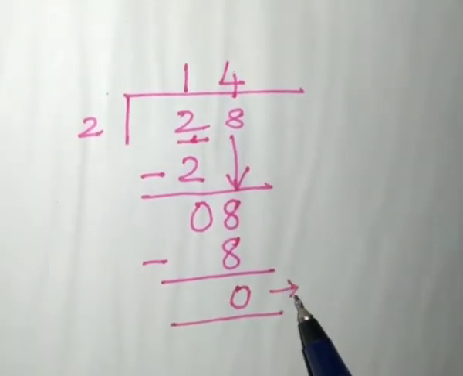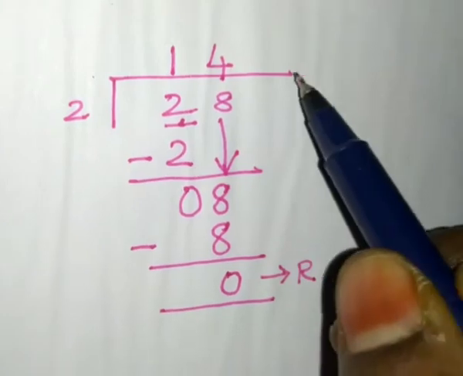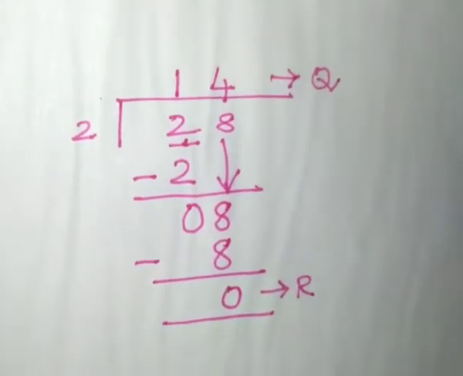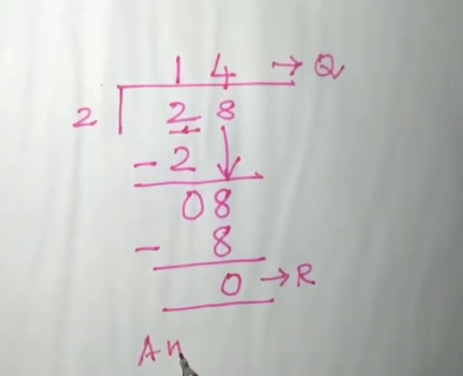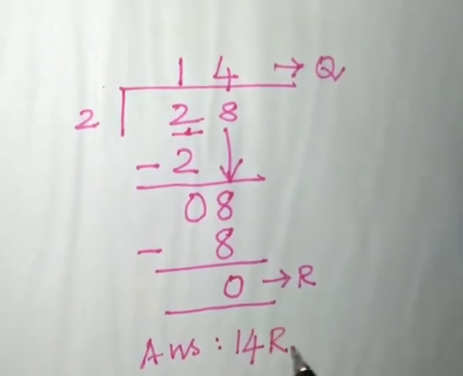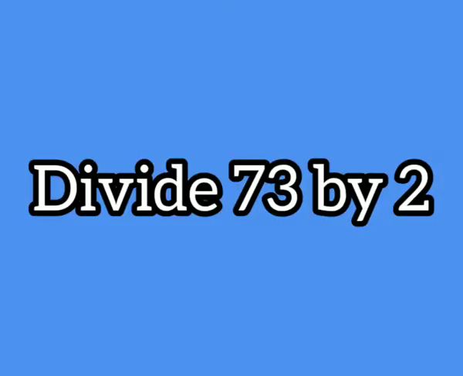Here 0 is the remainder and 14 is the quotient. 14 is the answer. Our remainder is 0.